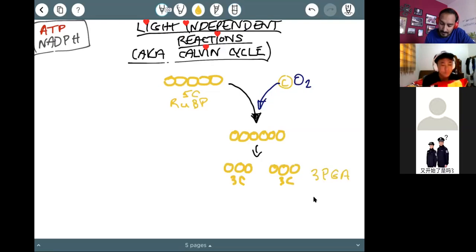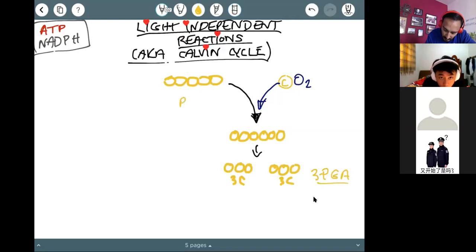The name is 3-PGA, but there are 2 of them. And the 5 carbon molecule is just called RuBP. Let me change the size of this so that it's consistent.